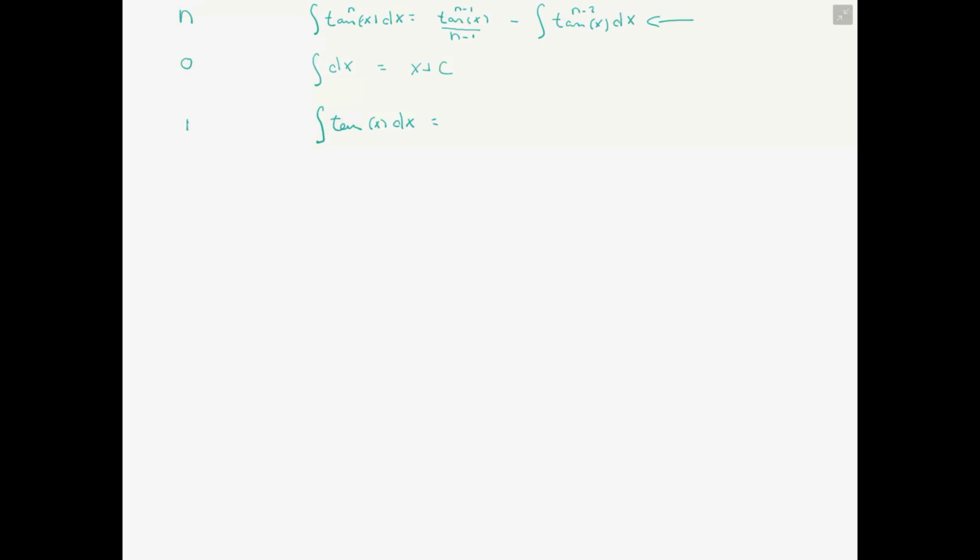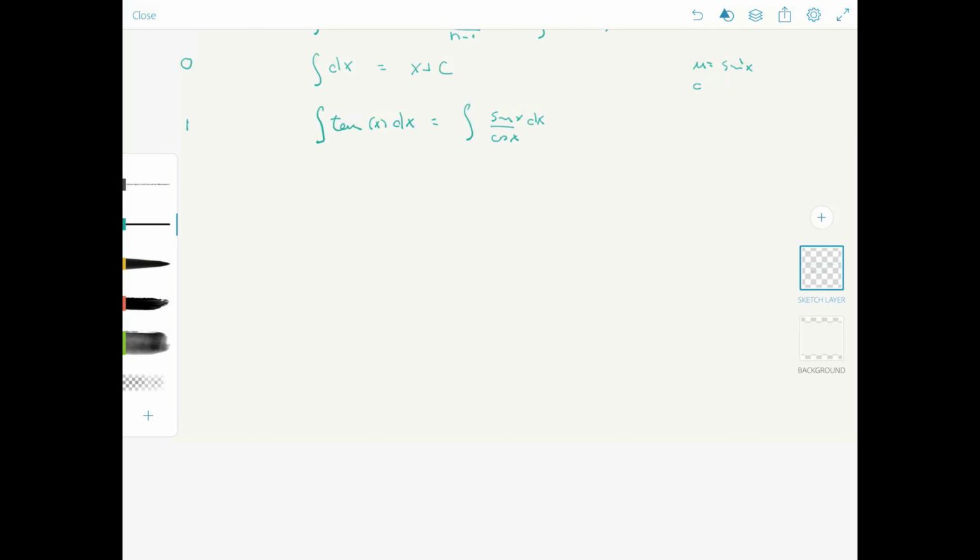When n is 1, we have tangent x dx, and that is equal to sine x over cosine x dx.